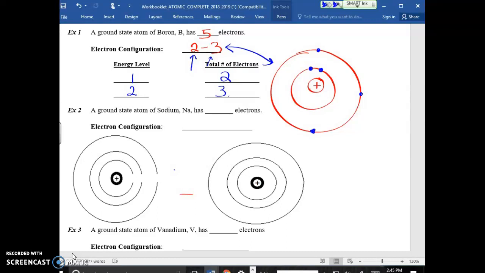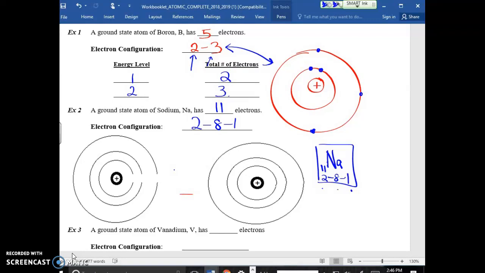How about sodium? Well, we go to our reference table, and we see that sodium has an atomic number of 11. If this is a neutral atom, then that means it also has to have 11 electrons. Of course, if you look at the electron configuration of 2, 8, 1, 2 plus 8 plus 1 is 11. Now, I can represent this 2 ways.